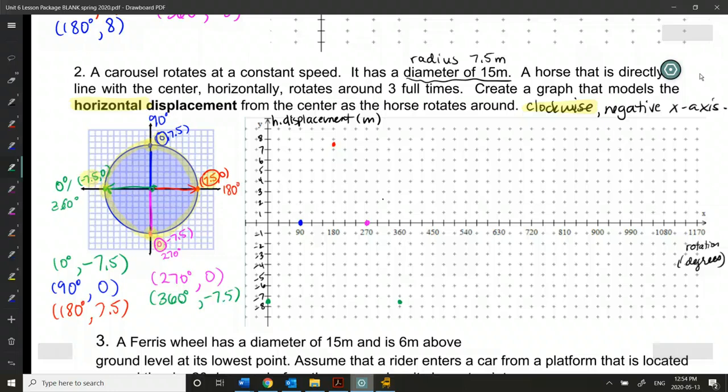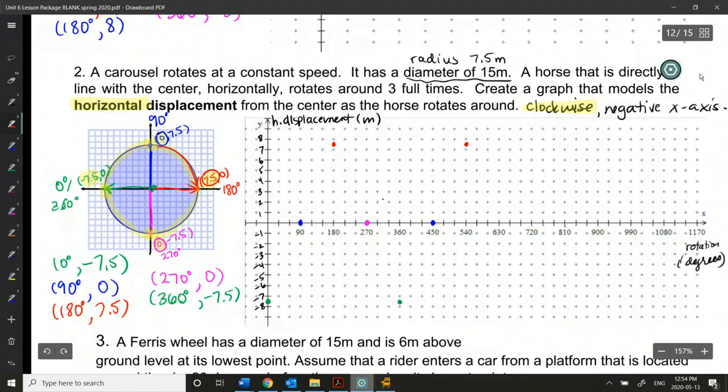So we'll plot that. Now, as I continue to rotate around here, I'm rotating every 90 degrees, and I'm going to return back to the same locations that I did before. So now if I continue to rotate around, I'm now at (450, 0), really just completing this pattern here. And then if I rotate another 90 degrees, I'm now back over at this location.